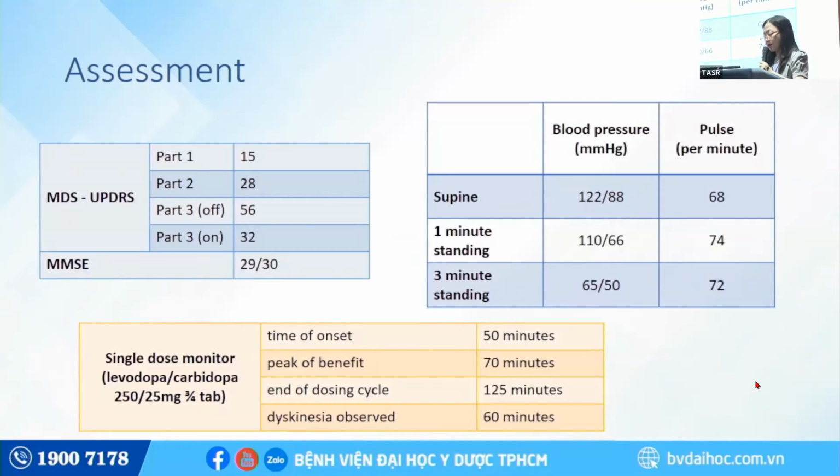And because of the history of several syncope attacks, we evaluated the blood pressure and the pulse in different positions. And she had a severe drop in her blood pressure within 3 minutes of standing to 65 over 50 without the pulse increase.